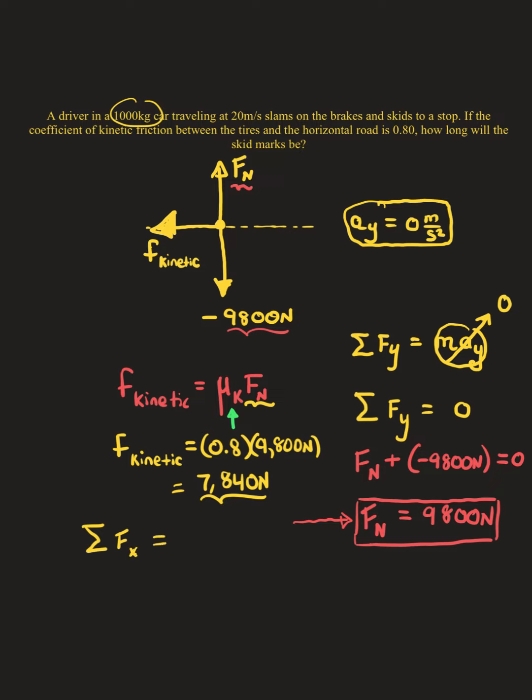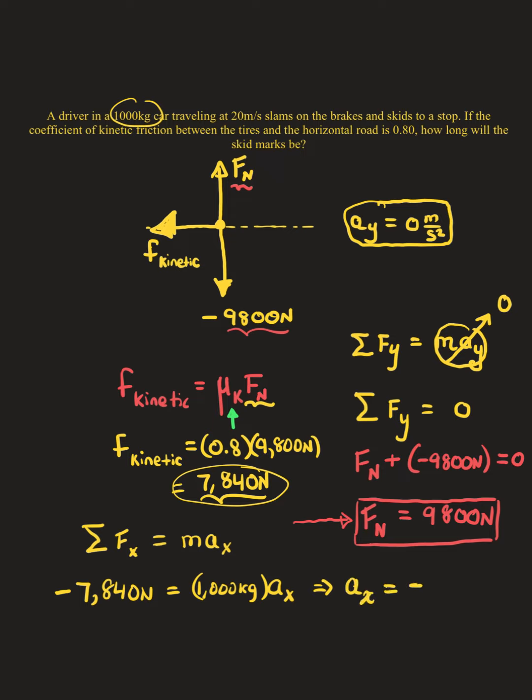So negative 7,840 newtons equals the mass of the car, which is 1,000 kilograms, multiplied by the acceleration parallel to the road, or in the x direction. If we go ahead and divide by 1,000, we end up with an acceleration parallel to the road of negative 7.84 meters per second squared.